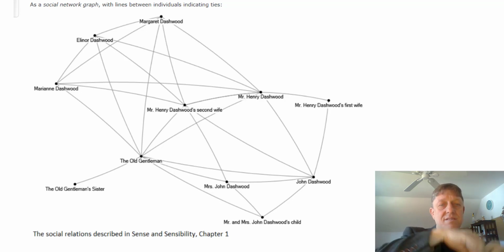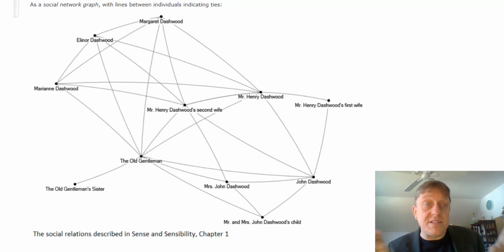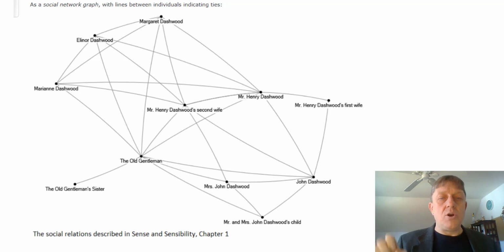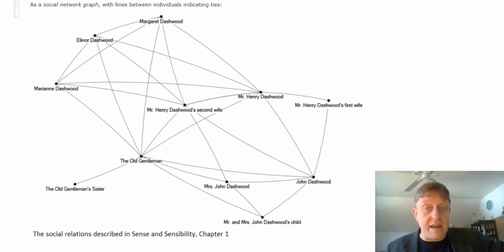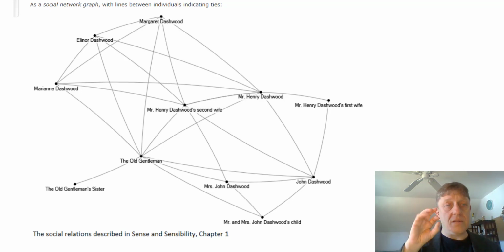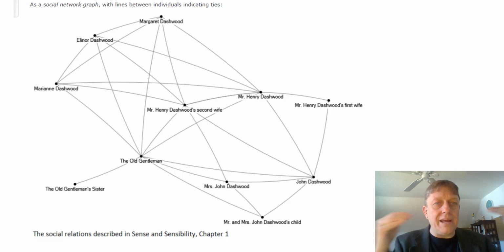And then there's Mr. Henry Dashwood's second wife, who's connected to many of these different camps, including her own nuclear family, the old gentleman, and the family of her husband's first wife. And so clearly she's going to play a role in bridging there, which is pretty interesting.